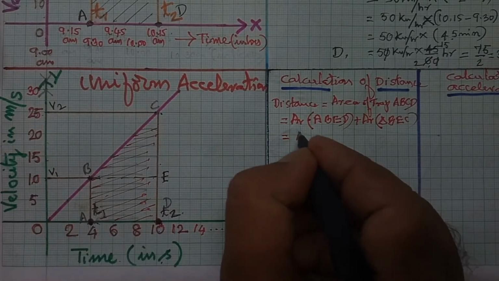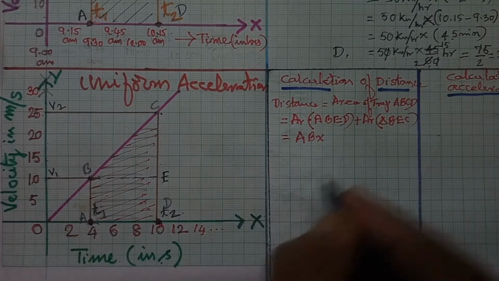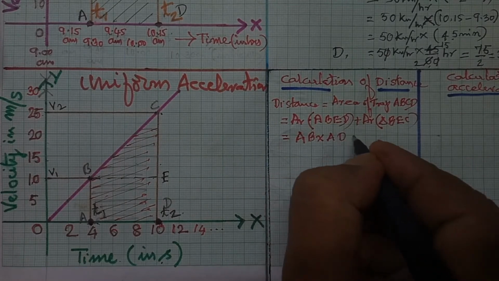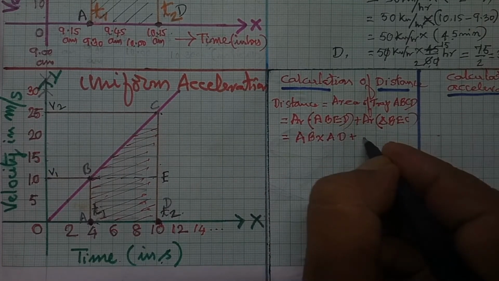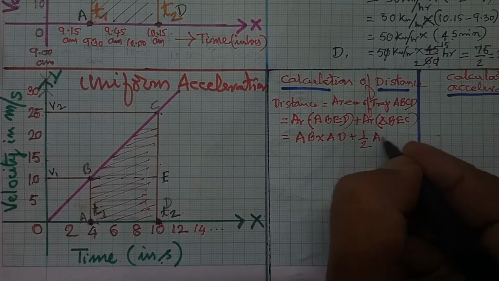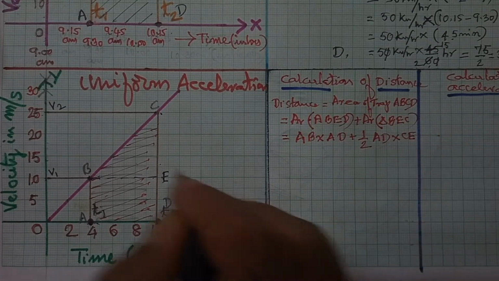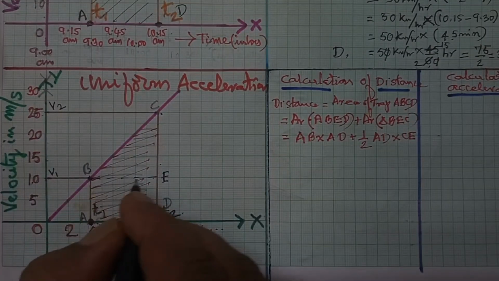We will write it AB multiplied by AD, plus the area of the triangle, which is half into base into height. Base is AD, height is CE. Just you see, this is the height, this is AD.